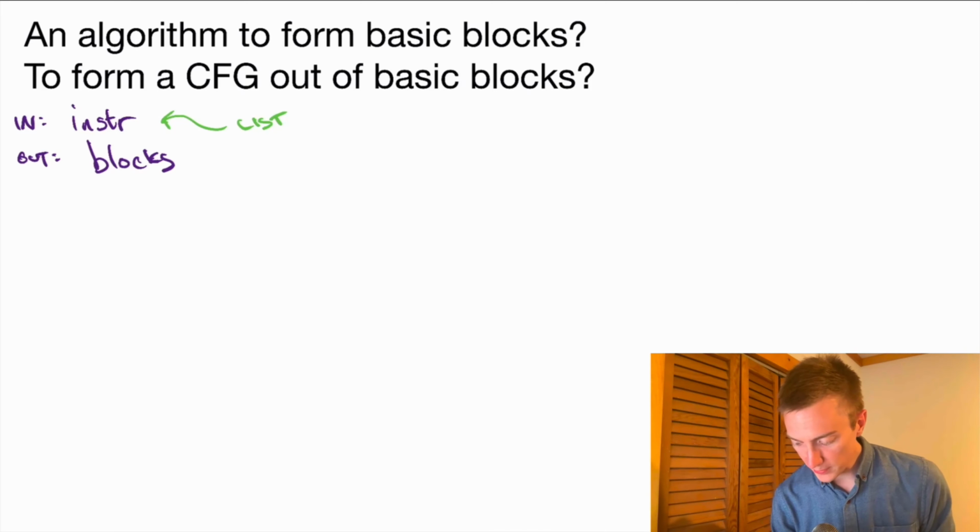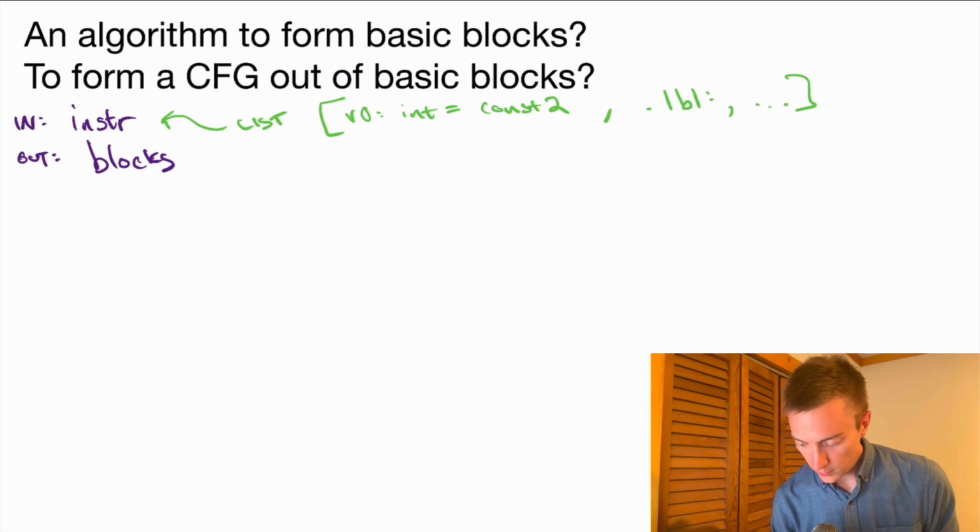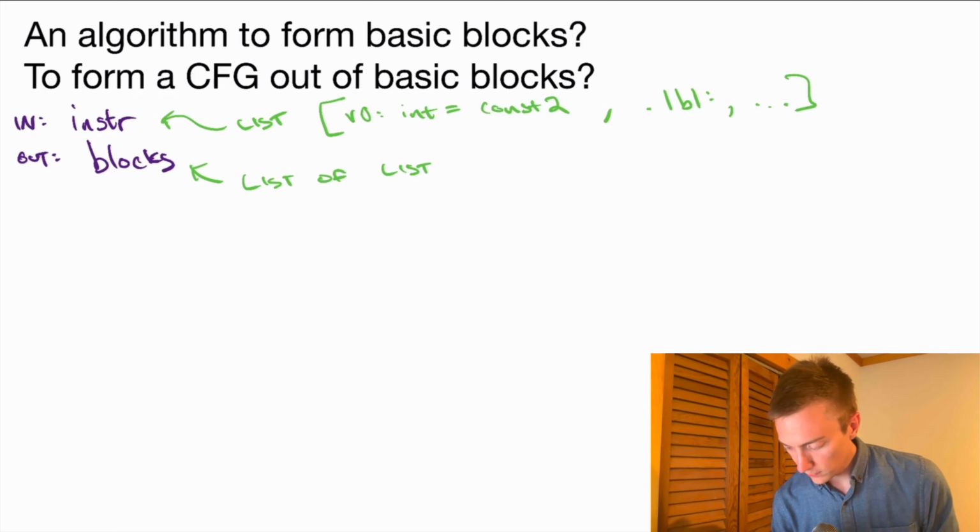For example, this might contain something like v0: int = const 2. That's one instruction. And it might also contain a label statement and so on. The blocks is going to be a list of instructions.